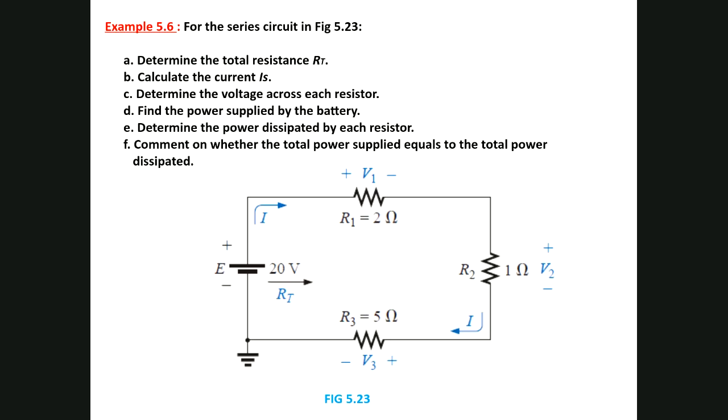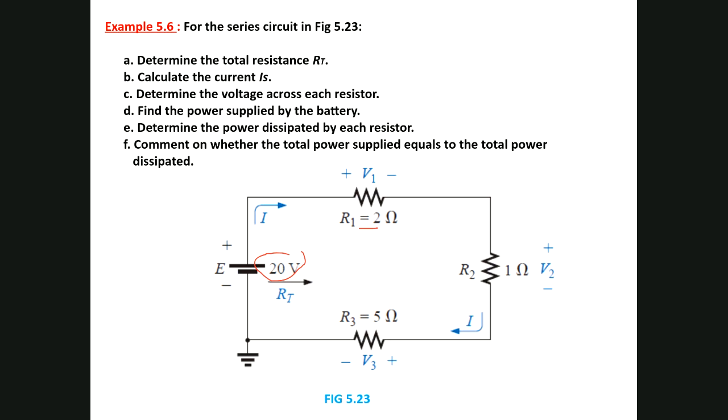Another example here. In this example, you need the same requirement. You have the voltage supply. You have the total resistance, R1, R2, R3: 2 plus 1 is 3, plus 5, which is 8. Then you apply the same principle, the same concept, and you find the total current here.